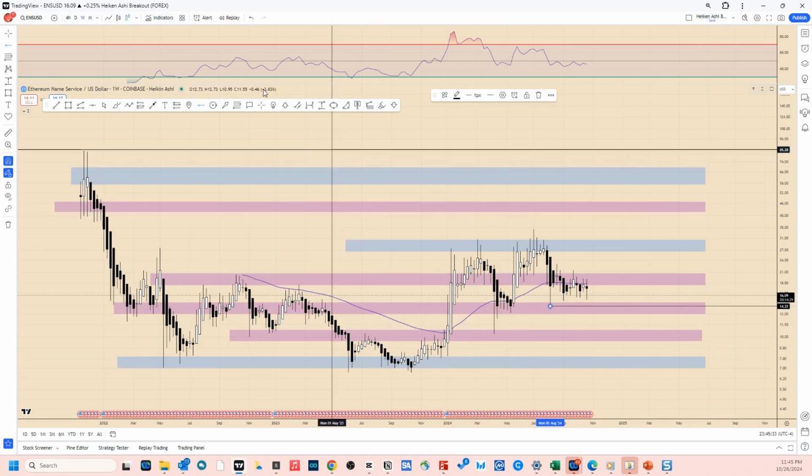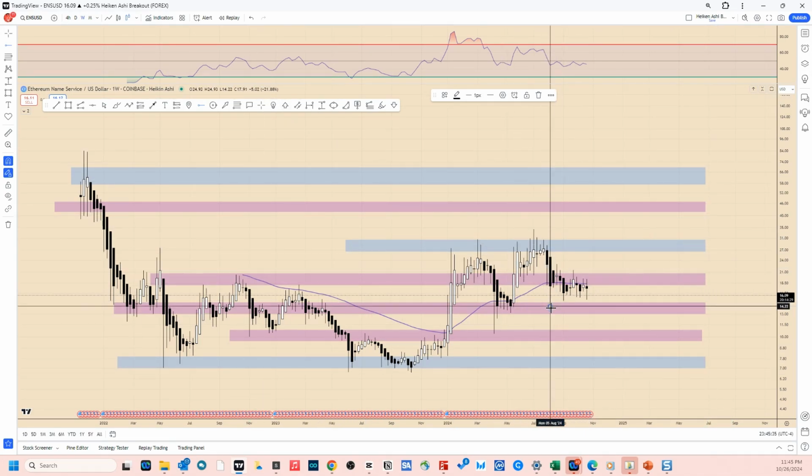So I'll look to my right first and see what area sticks out to me here. This sticks out to me because of this long wick and then a big rejection from this long wick.